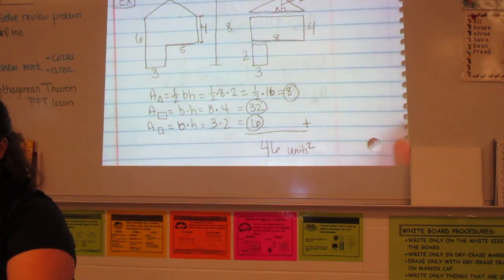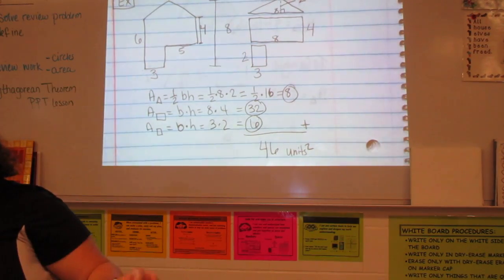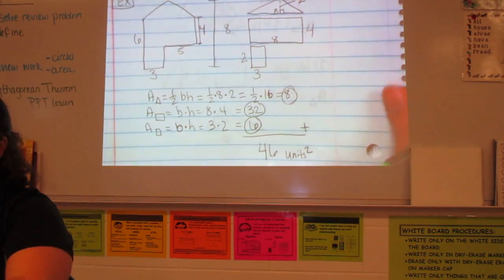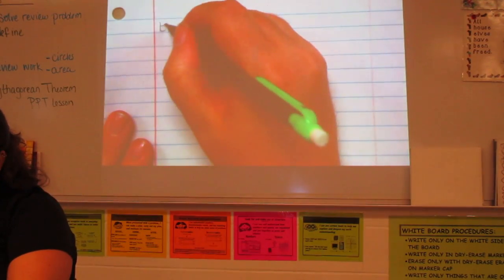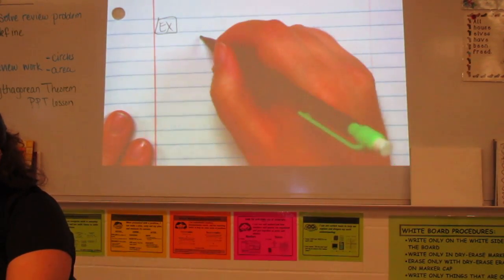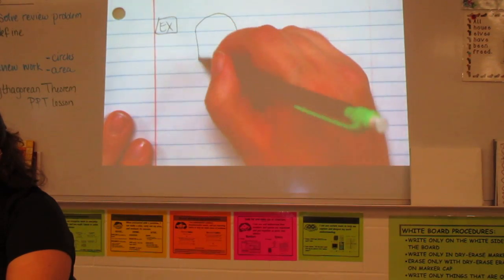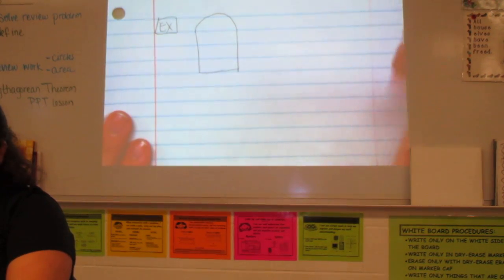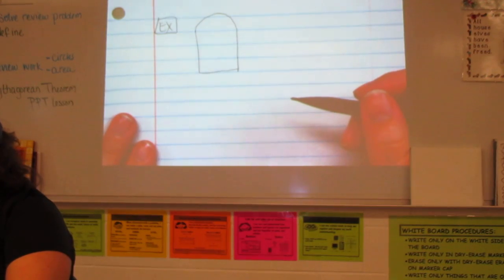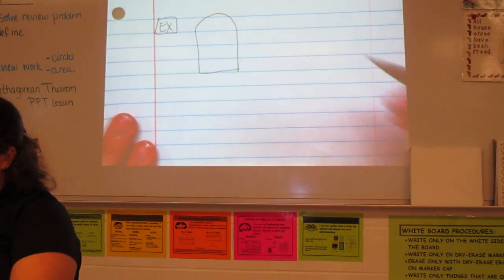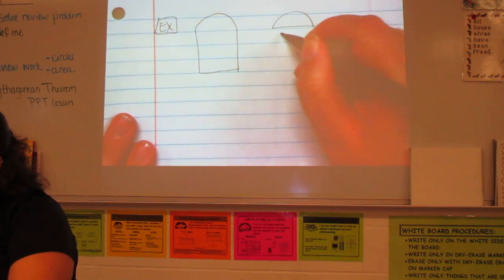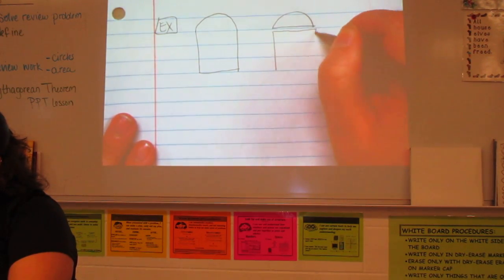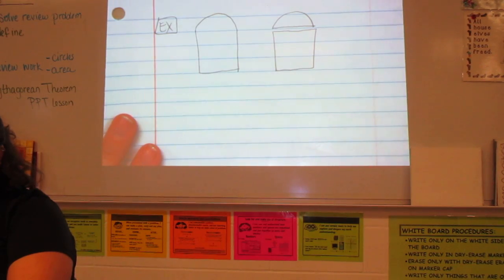The only thing you want to be really careful of is if you're given an example that includes a semicircle. And this was something that a lot of you struggled with. I want the area of that figure. Well, I'm going to break it into 2 pieces, a semicircle and a rectangle.